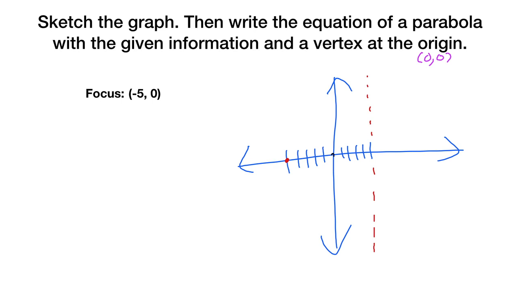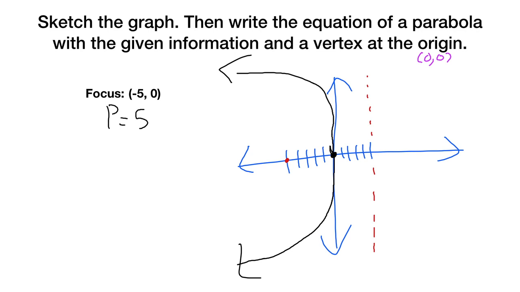Now I already know our origin's at 0, so it doesn't really matter about that part. Now we need to put in some values. Our p-value, once again, is 5.